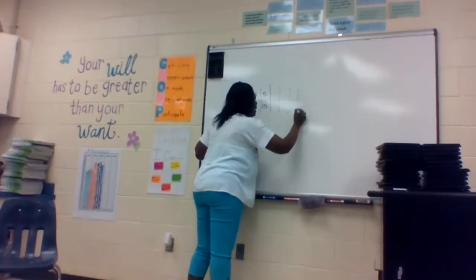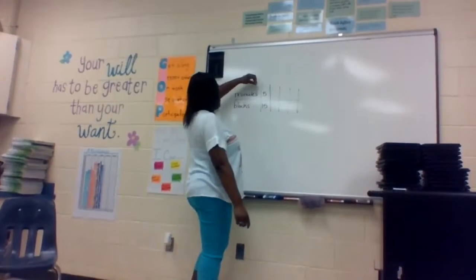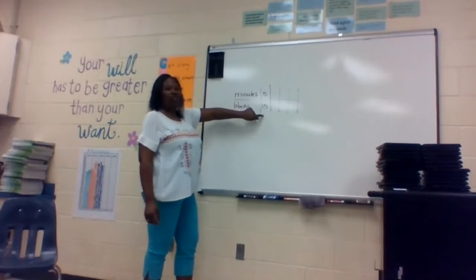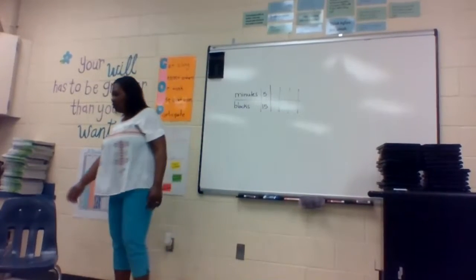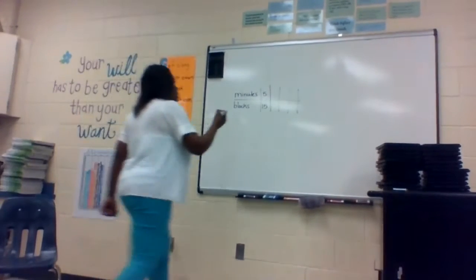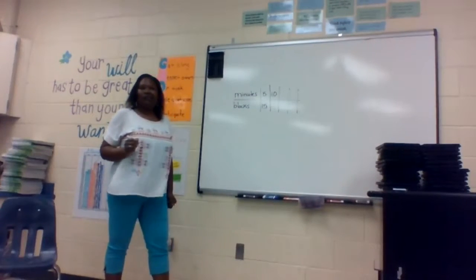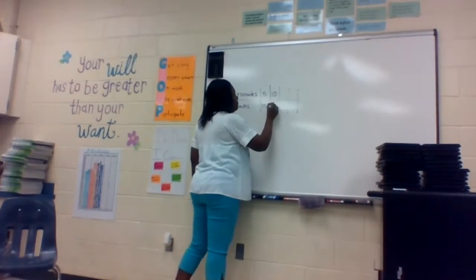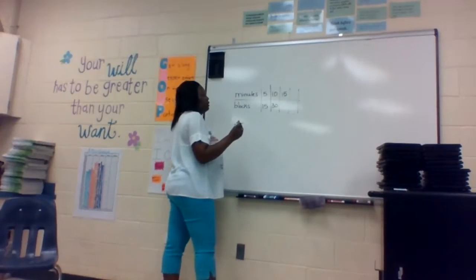Now, looking at this table, if I know 5 minutes goes 15, and I do another 5 minutes, how many minutes is that altogether? 10 minutes, right? So 10 minutes, how many blocks can she go? 30. In 15 minutes, how many blocks?